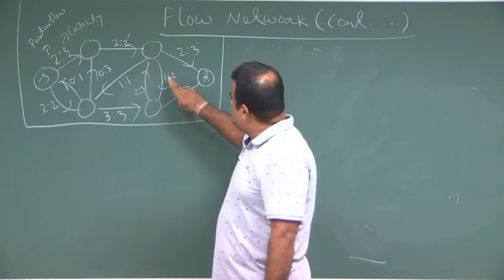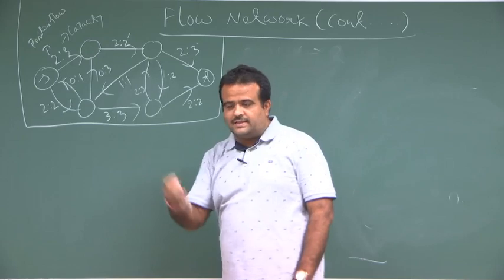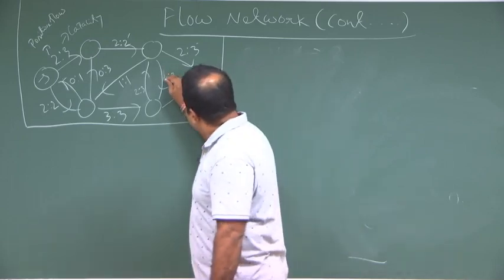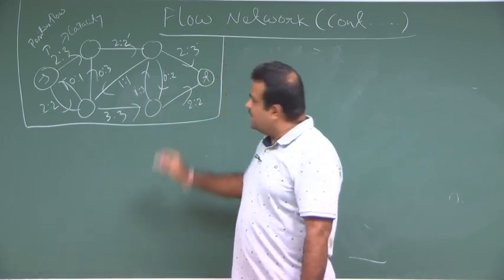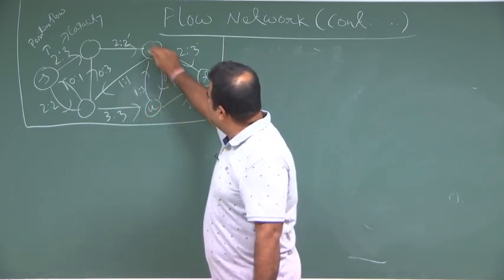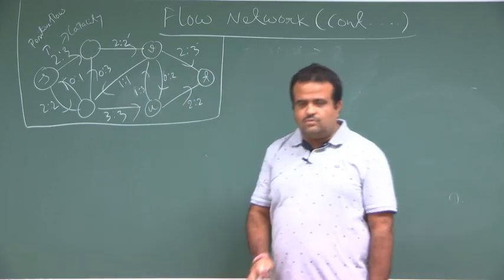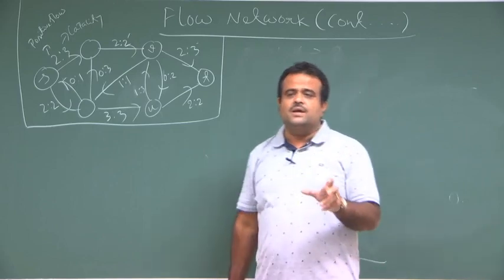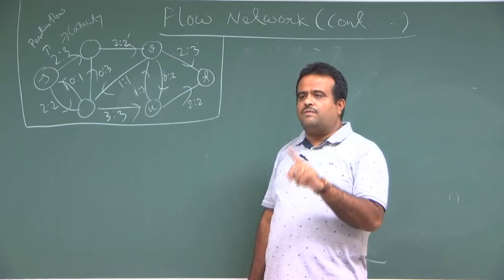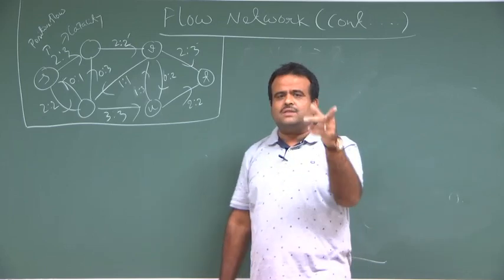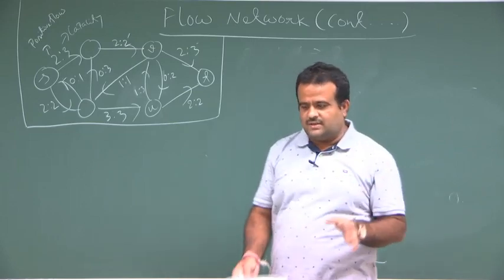Instead of that, we can make it 0, so the effective flow, which is called the net flow, is 1. This is the effective flow from u to v, and this is basically flow cancellation. Without loss of generality, we can assume that flow goes in only one direction, either from u to v or from v to u. If there are two directions, we just cancel the flow and take the net flow.